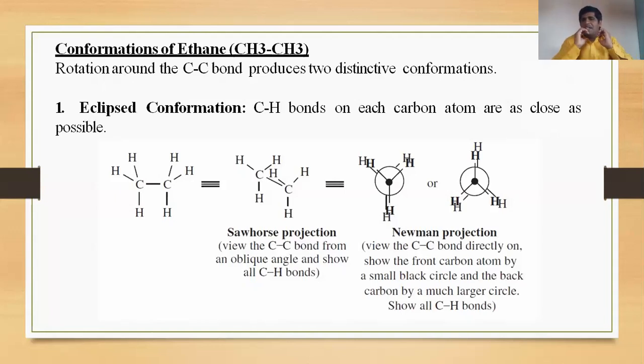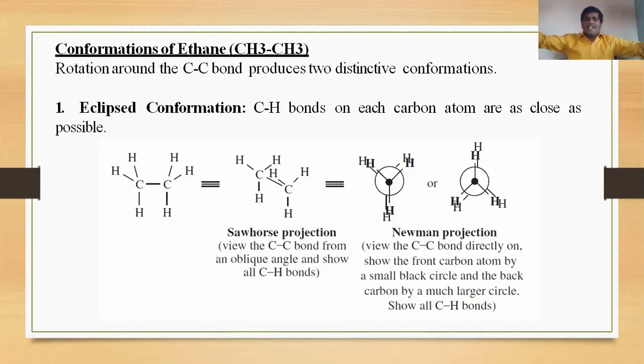What is meant by eclipse conformation we know. Conformations are distinguished through rotation around the single bond. So ethane will generate three conformations: eclipsed, staggered, and Gauche. But how will you represent these?